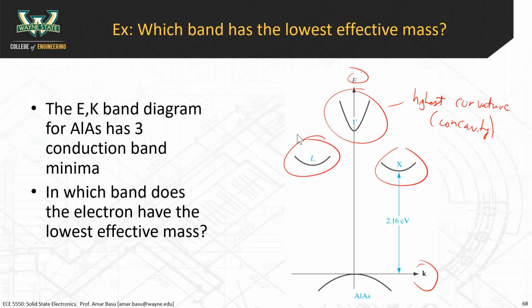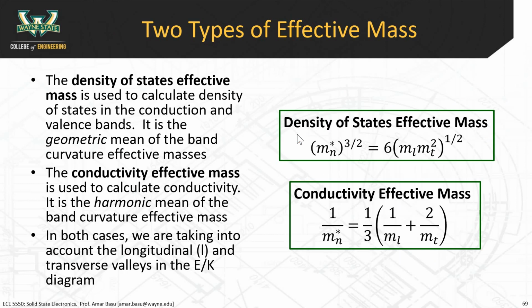So if you want to find the effective mass considering all the bands that an electron can be in, then you have to use a geometric mean. Just m_l times m_t. This is the effective mass in the longitudinal direction, and this is the effective mass in the transverse direction, and you have to take the geometric mean of those.